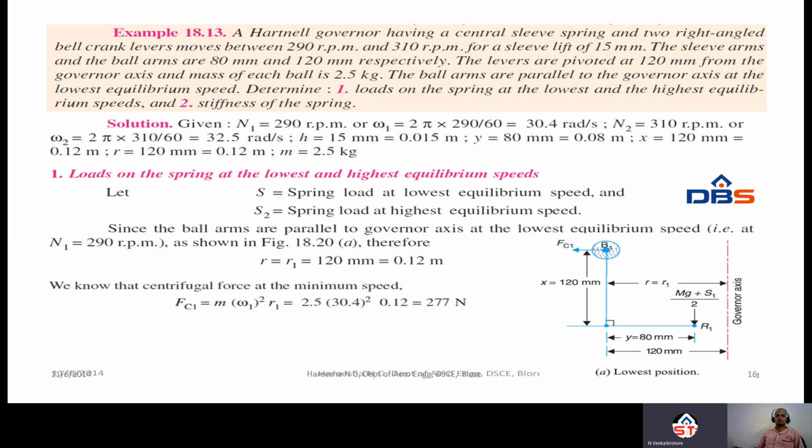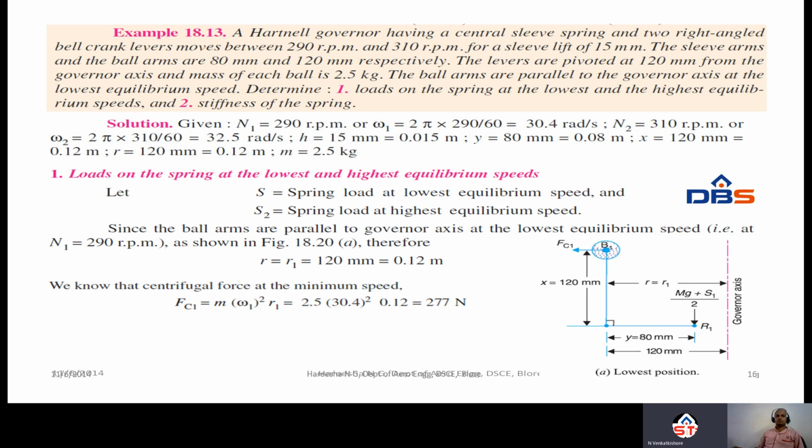The mass of each ball is 2.5 kg, and the ball arms are parallel to the governor axis at the lowest equilibrium speed. Determine the loads on the spring at the lowest and the highest equilibrium speed, and the stiffness of the spring.